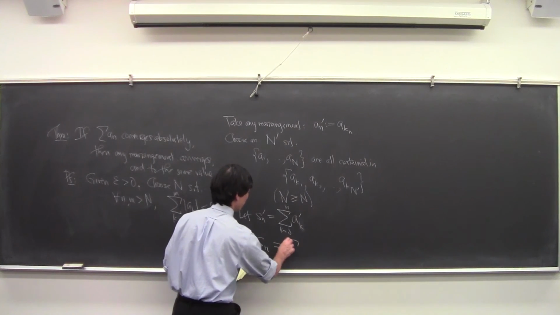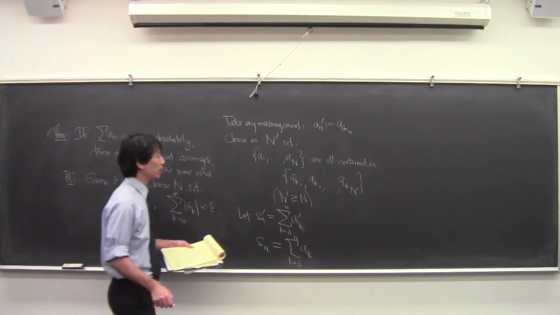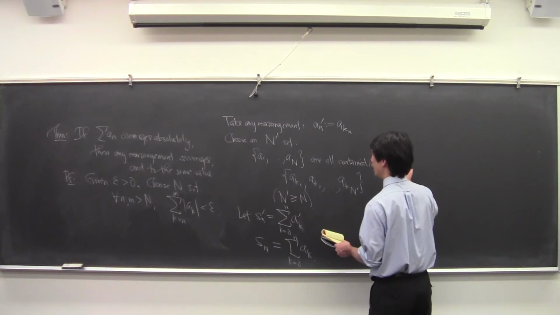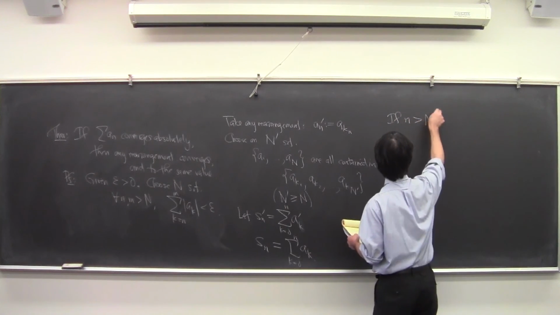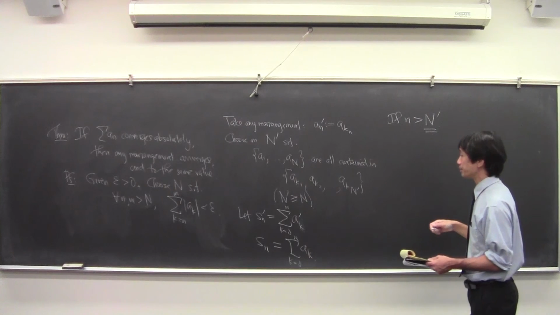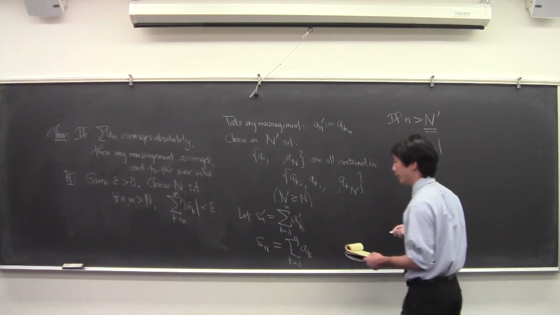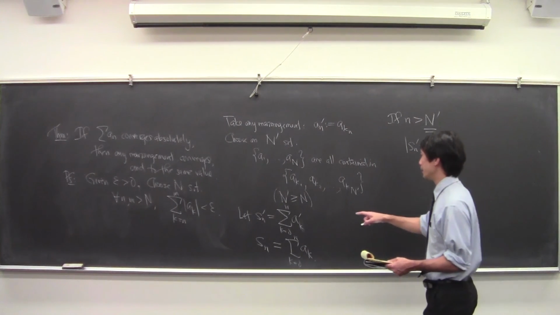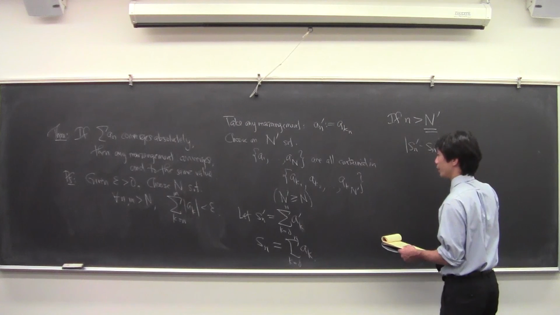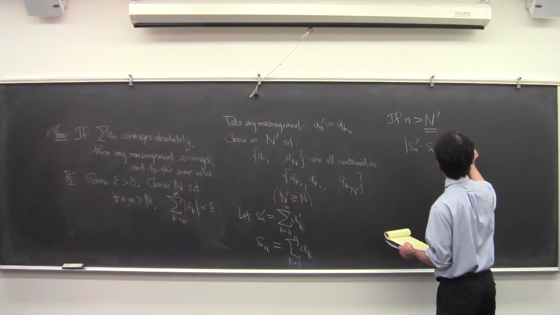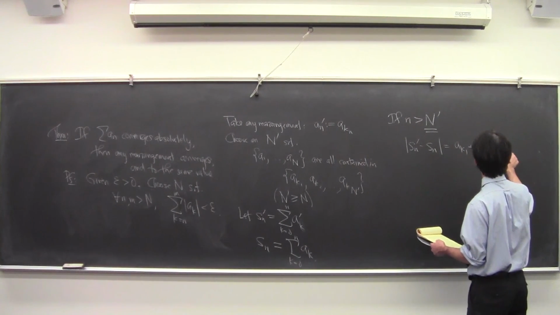Let S n be the partial sum sequence for the original sequence, and let's look at it. So if n is bigger than capital N prime, and we look at the difference here, S n prime minus S n, what you see is that you're going to have these terms a k1 plus through a k n, right?